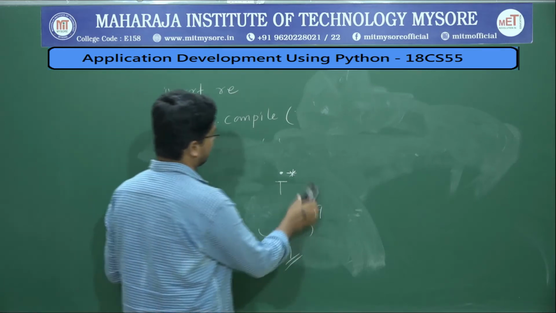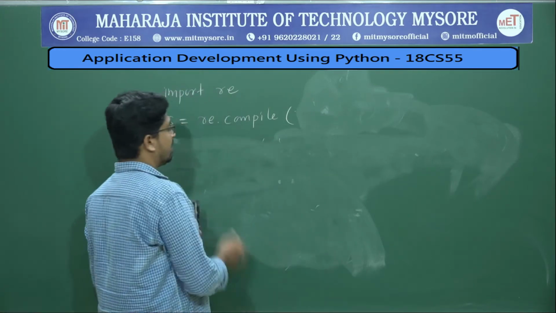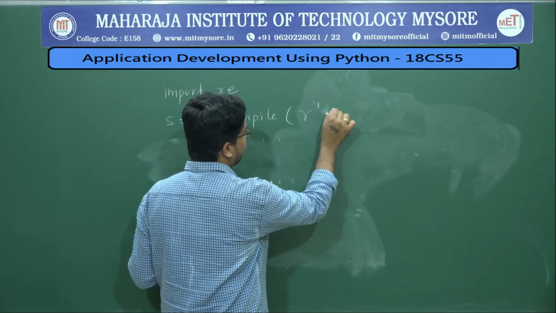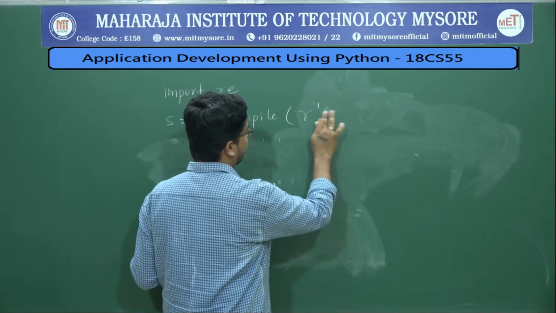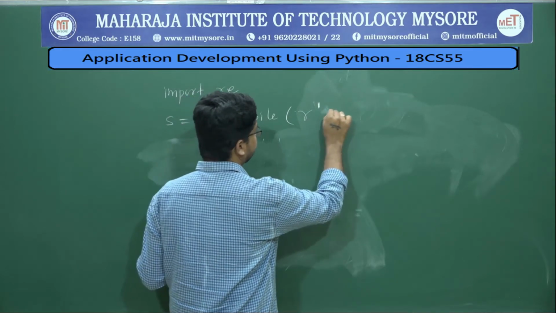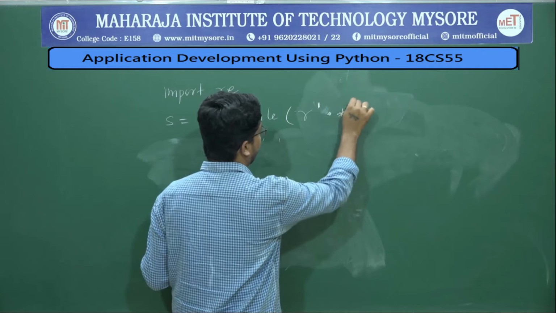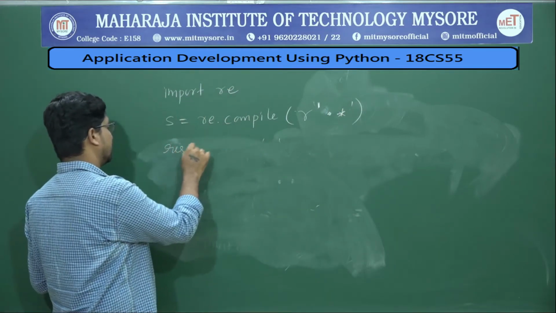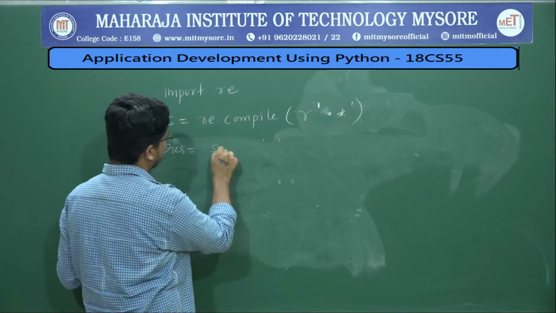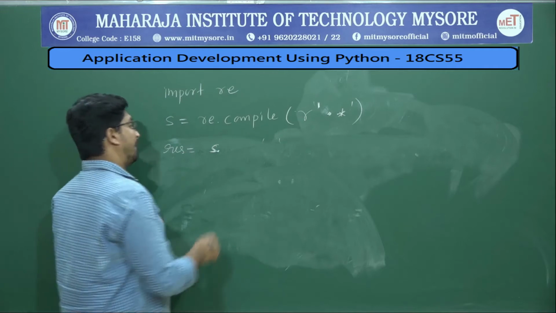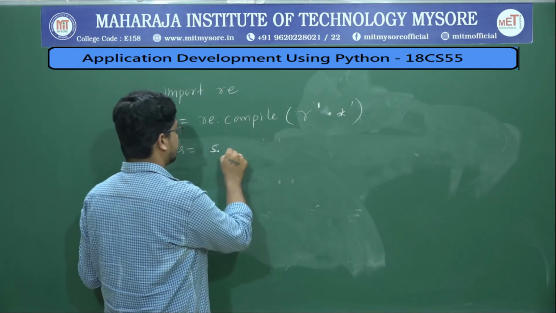How do we write that? Let us write import re, compile with a raw string and dot star, and result is equal to s.search.